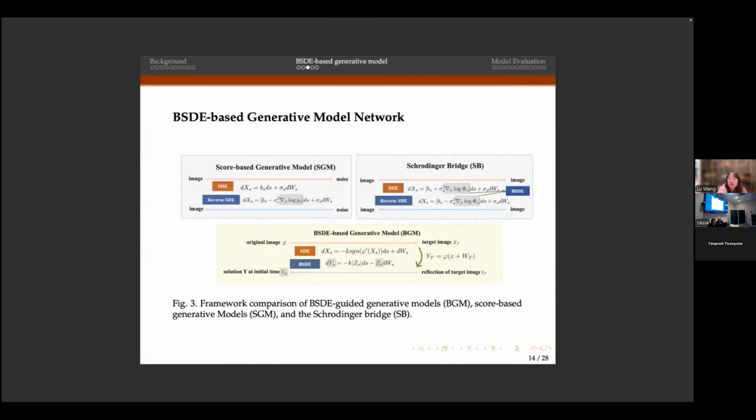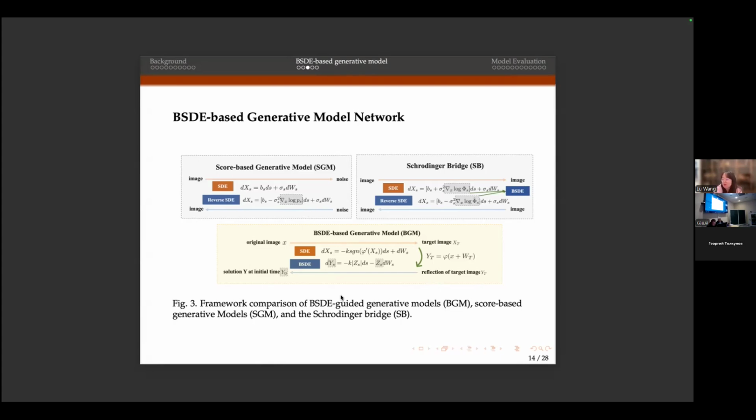So we notice that there is a difference between the existing work about score-based generative models and the Schrödinger bridge. Although some work may mention the BSDE, they just use the BSDE to approximate this, we just call it the score function, but they do not use the BSDE for the reverse process.